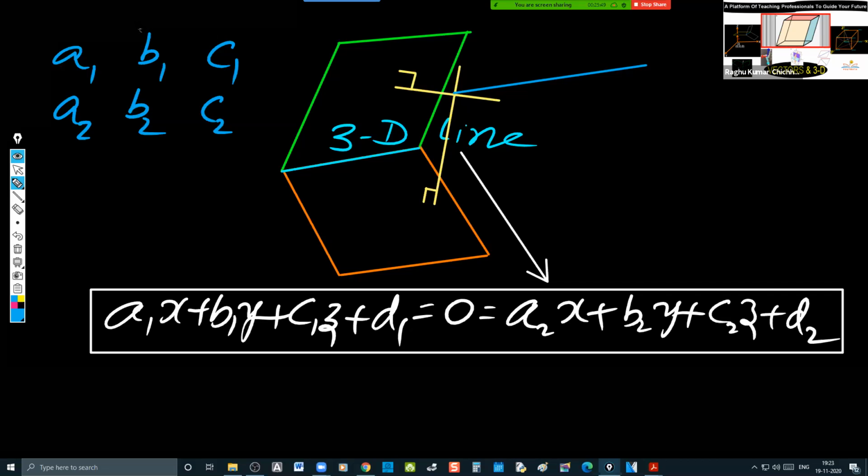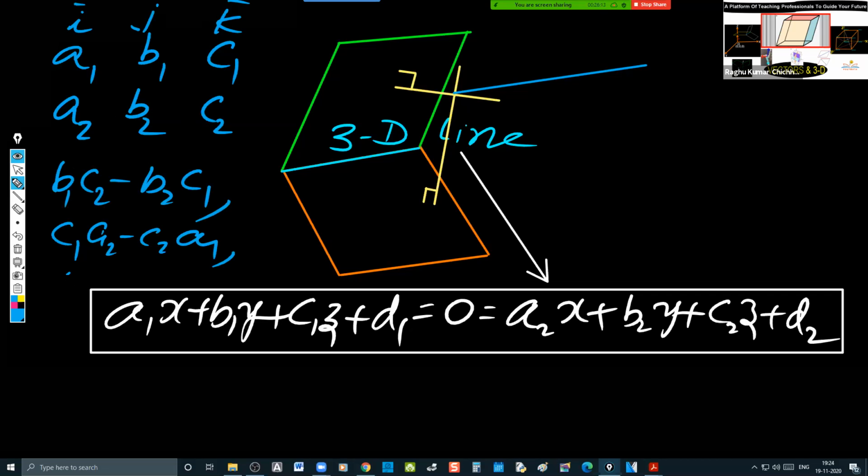You have to find the cross product of these. That is, you will get i, j, k in determinant form. If you find the determinant, you get B1C2 minus B2C1, comma, next C1A2 minus C2A1, comma, A1B2 minus A2B1. This is what you have to understand.